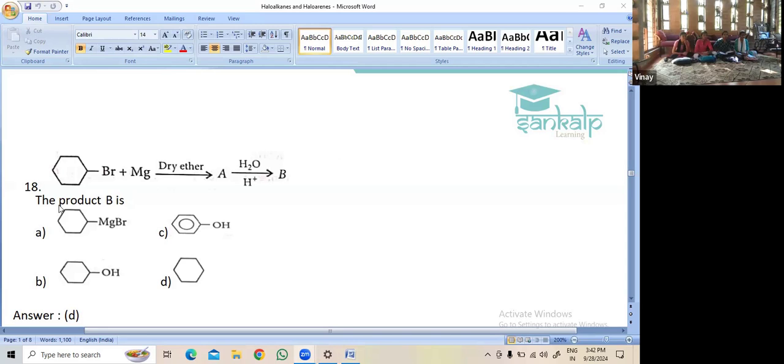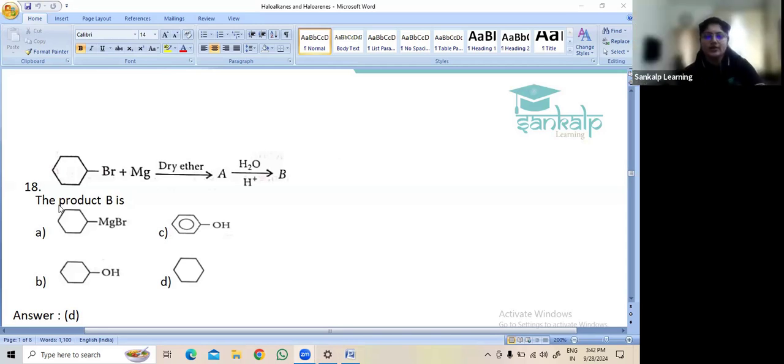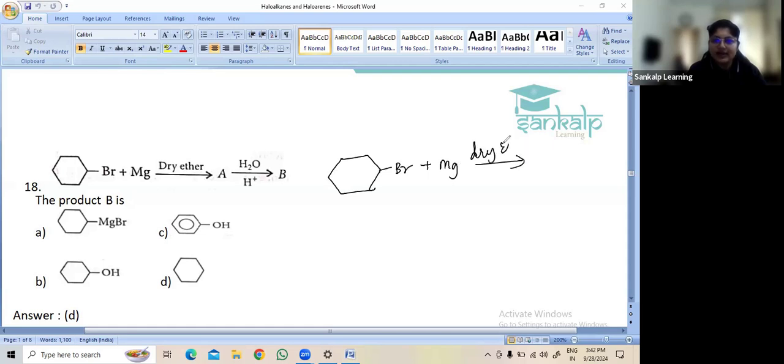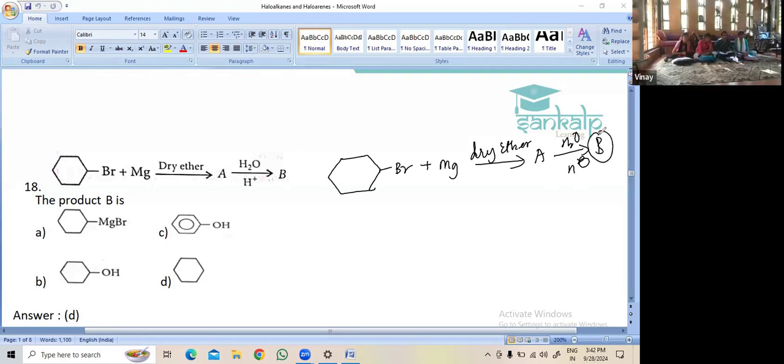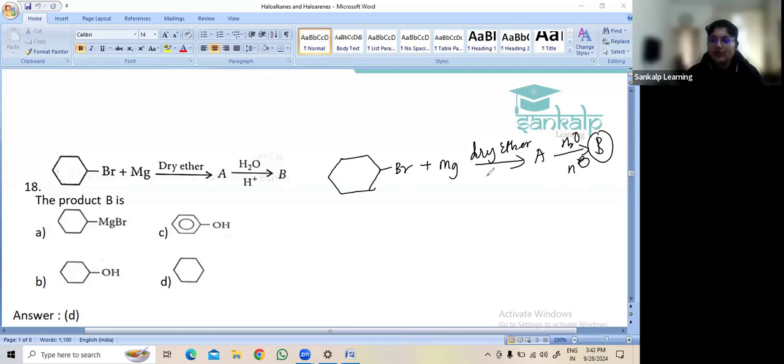So 18th question. There is a compound reacting with Mg in the presence of dry ether giving you A. This A further undergoes acid hydrolysis to give you B. So you have to find what this product B is.